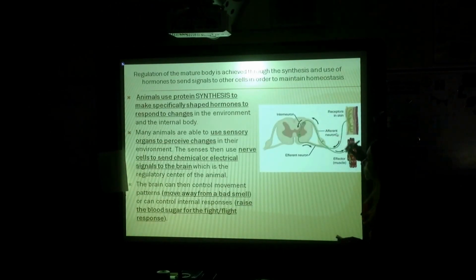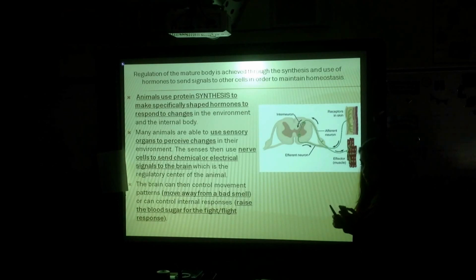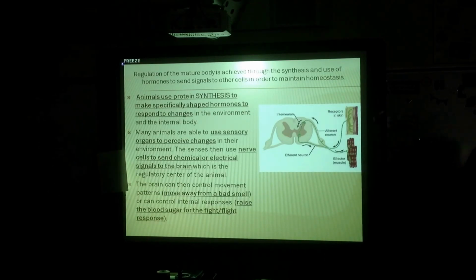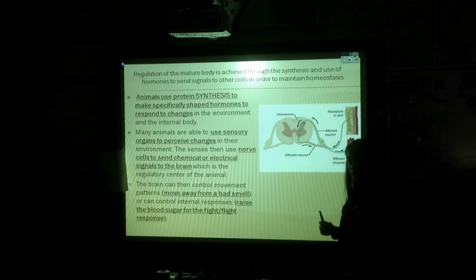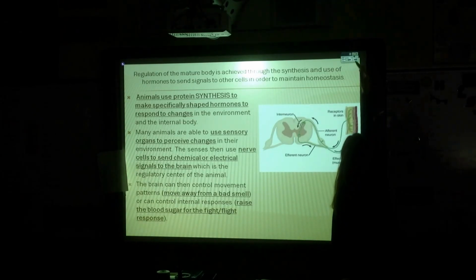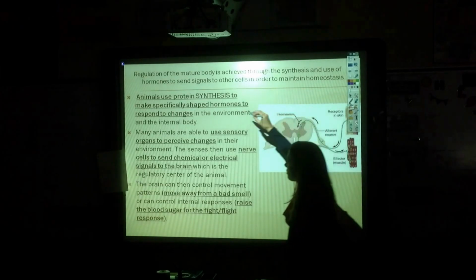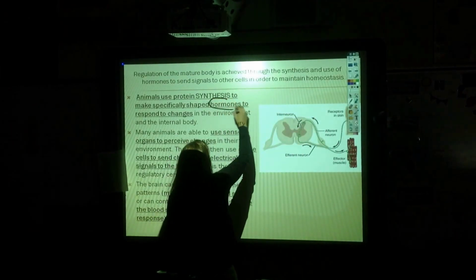The last section is going to be on synthesis and regulation. And so synthesis really goes together with regulation, because synthesis is where we are making protein hormones. Animals use protein synthesis to make specifically shaped hormones to respond to changes in the environment and the internal body. So let's pause here and talk for a second about an example of a hormone.